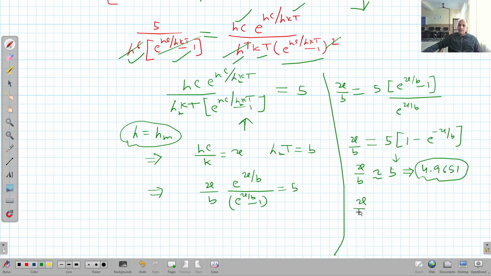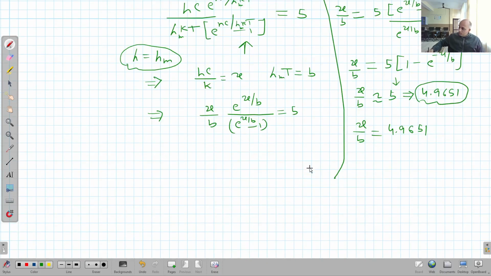So x upon b is equal to 4.9651. From here I got b is equal to x upon 4.9651.